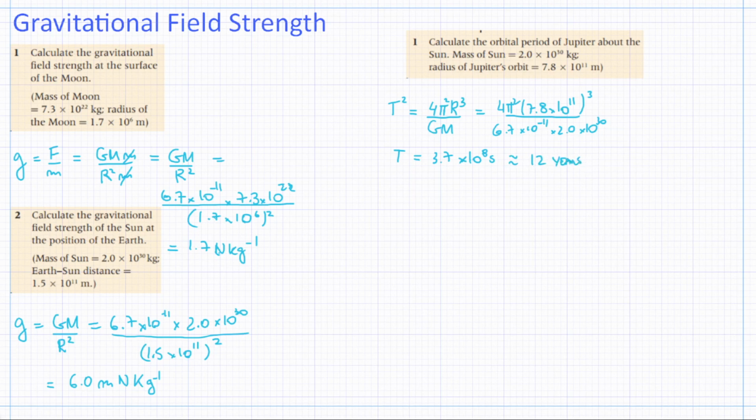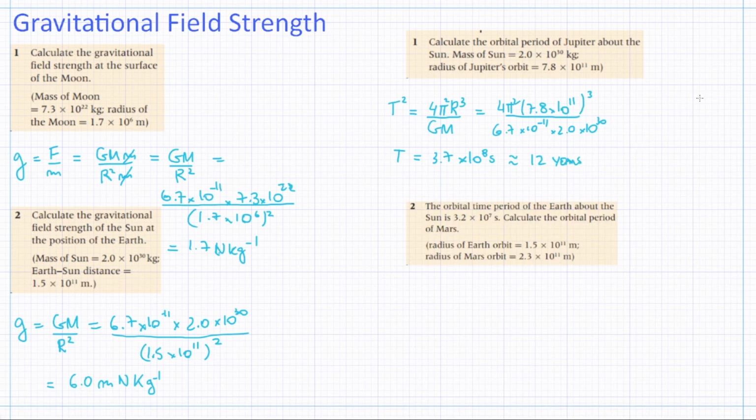Okay, so the last example: we've got the orbital time period of the Earth about the Sun is 3.2 times 10 to the power 7 seconds. Calculate the orbital period of Mars. So we're given the radius of Earth's orbit, and we're given the radius of Mars' orbit. So again, it's a similar relation, isn't it? There are some things in this equation which are constant.